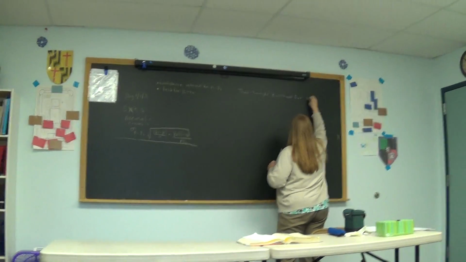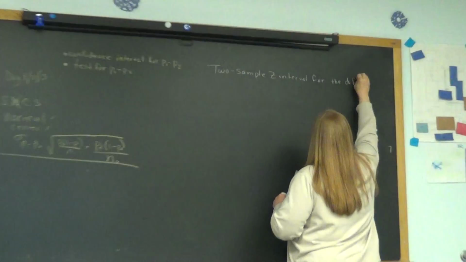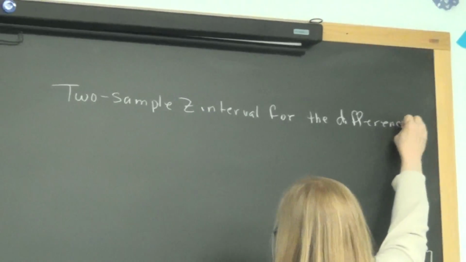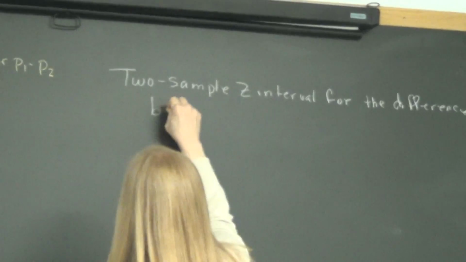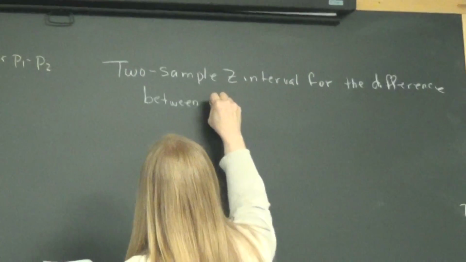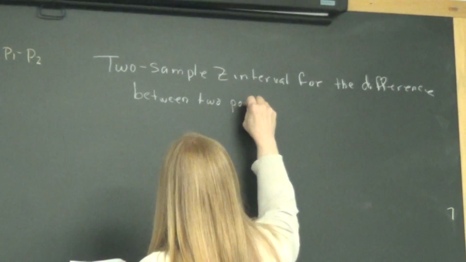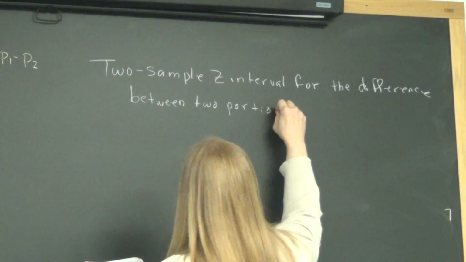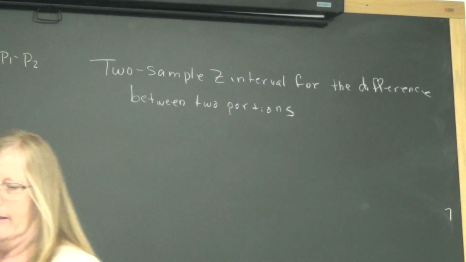A lot of words. These words should make some sense now that we did an example that was somewhat like this, but now we're going to take it a step further and do a confidence interval.